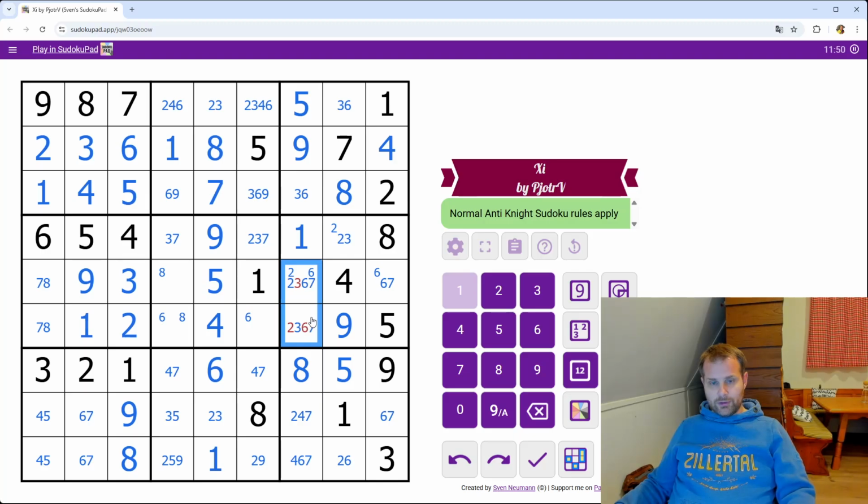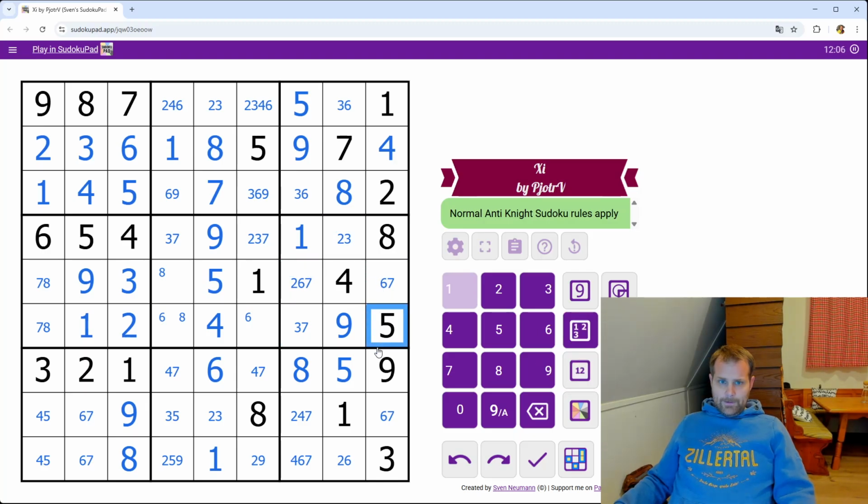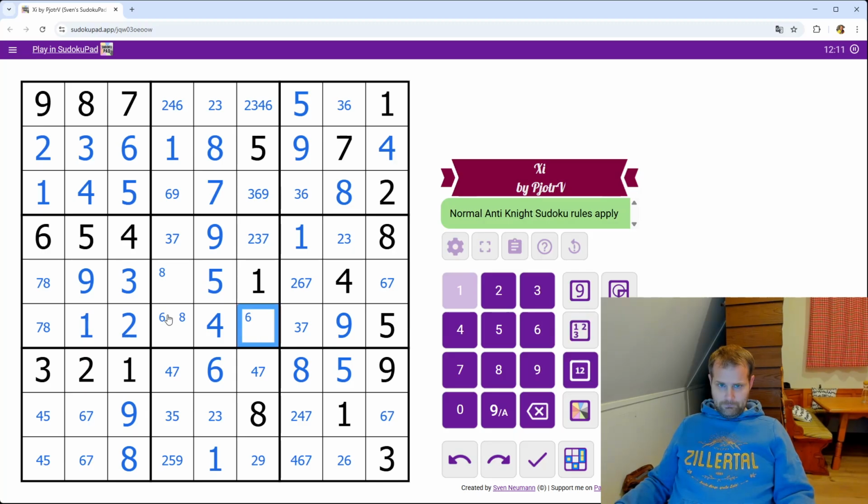This is from 2, 3, 6, 7 from the box. And this is from 3, 6, 7, 8. This is not 8. And this is from 2, 6, 7, 8. But not 6, 7.